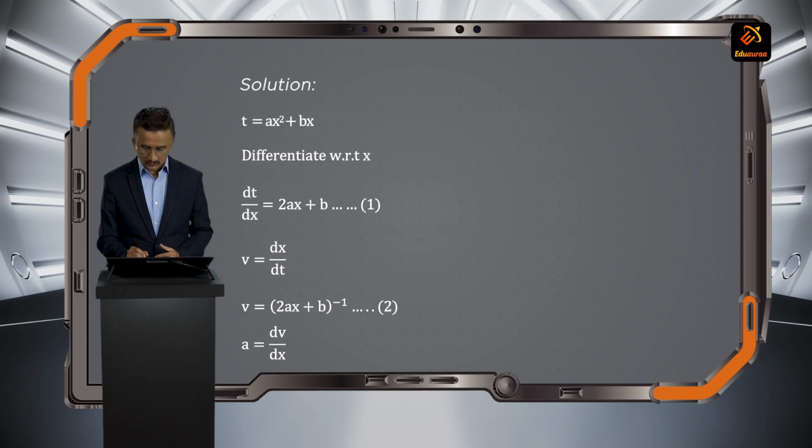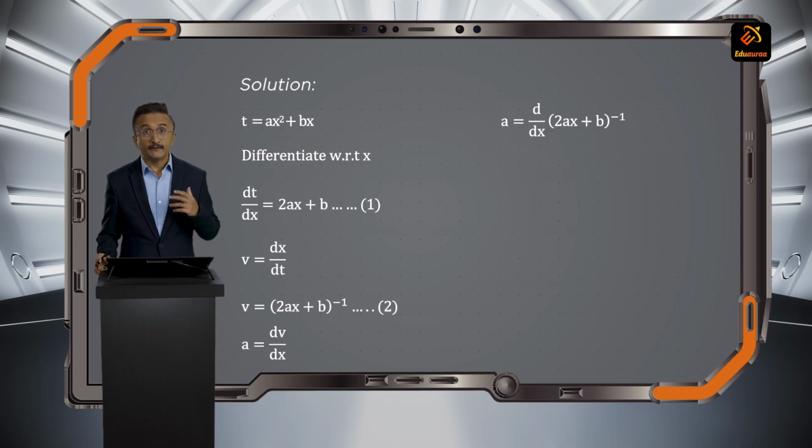So that is equal to 2ax plus b raised to minus 1 into d by dx of 2ax plus b raised to minus 1. So now I can find out the acceleration.